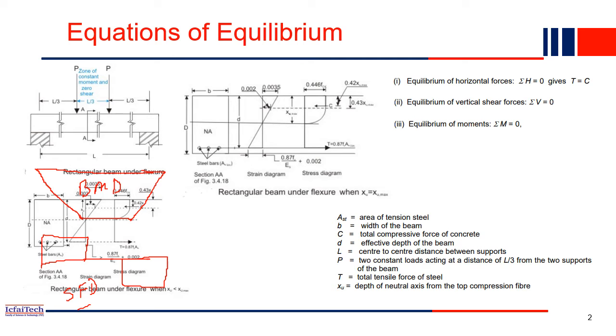Now you can notice one important thing: the bending moment is maximum at the center of the span and minimum near the support. As this is a simply supported beam, the moment is zero at the support. But in reality, most beams are actually fixed beams.